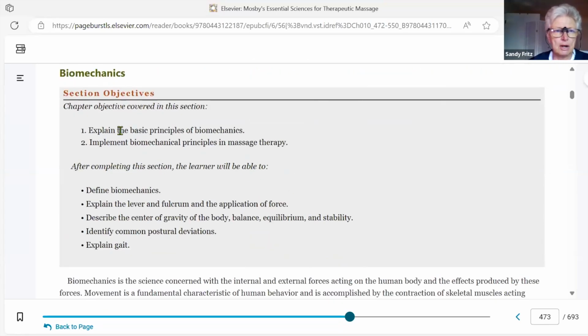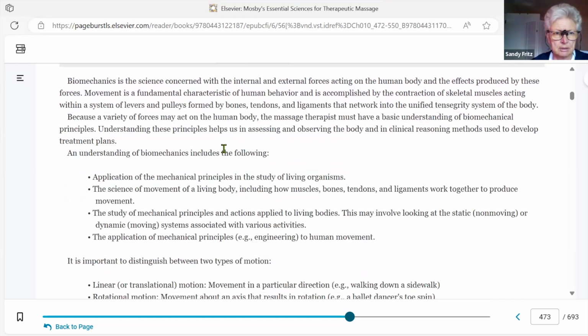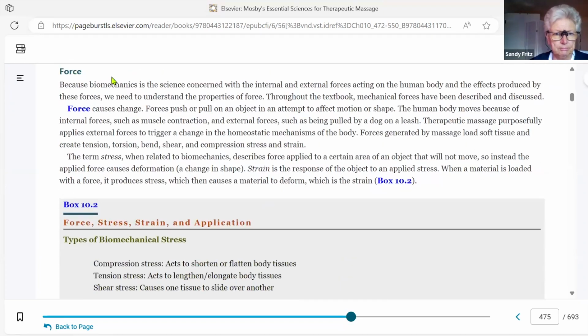So here's our overview and language structure of biomechanics. We've already talked about force. Massage introduces a force stress strain application.